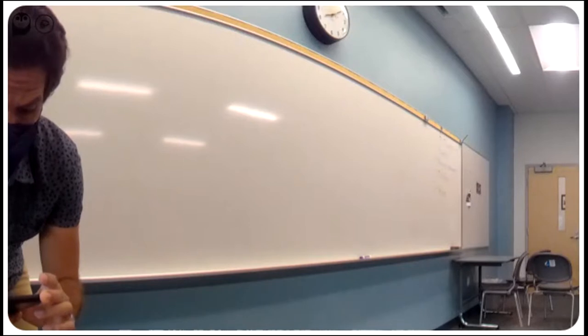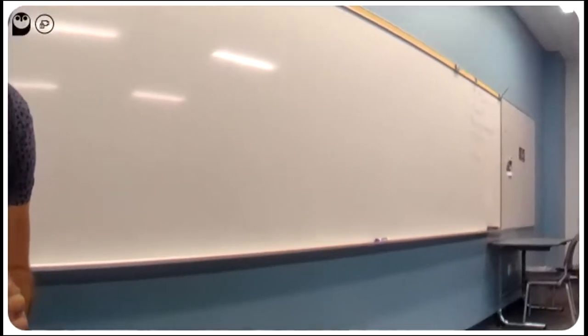I'm going to zoom in. Okay, how about that? Can anyone see that? If you can, give me a thumbs up if you can read any of what's on the board there.